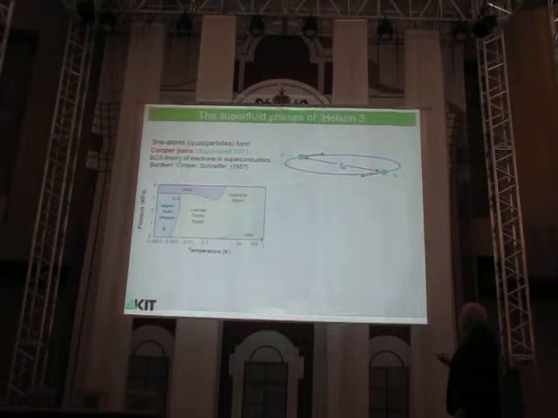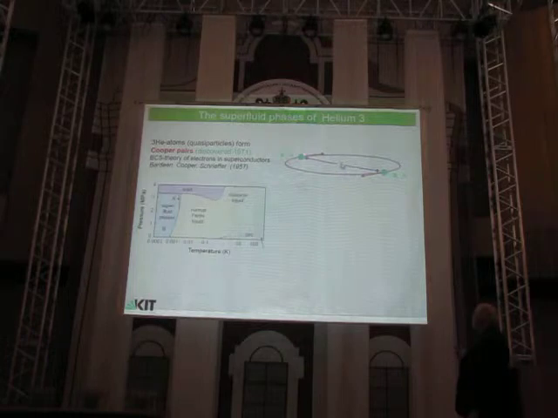So superconductors were explained by the BCS theory in 1957. And the same idea was applied to helium-3, where the superfluidity was discovered later, in 1971. And so you imagine that you have the two partners of the Cooper pair, two helium-3 atoms, and they form a pair.